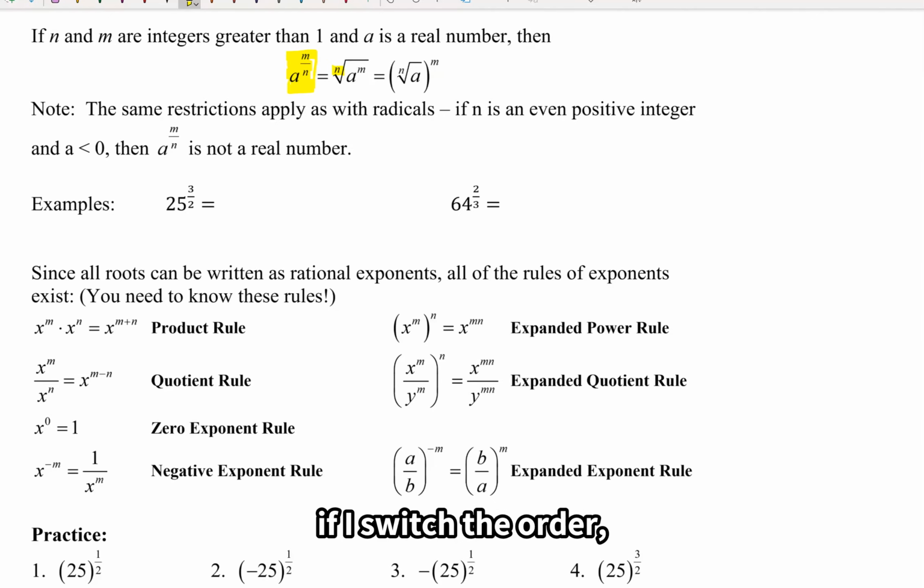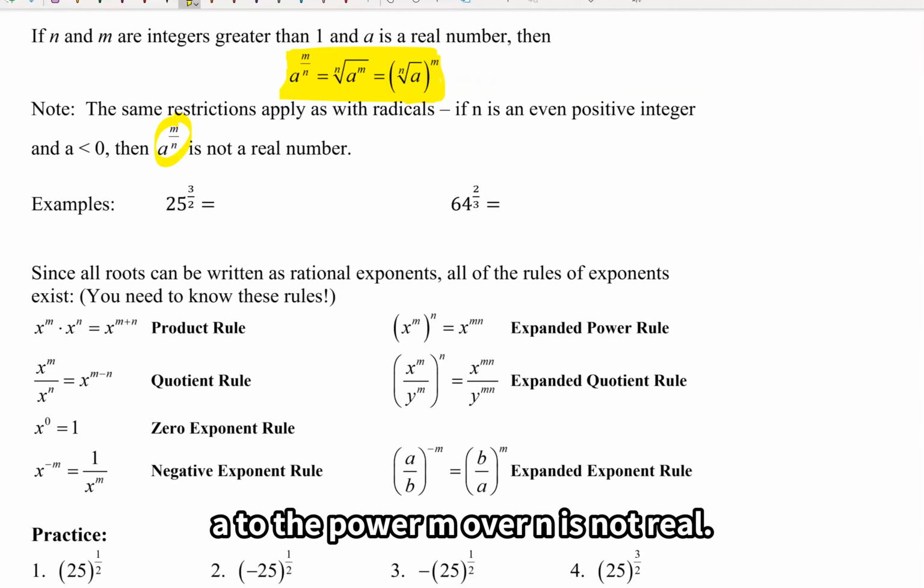All of these mean the same thing. And again, if n is an even positive integer and a is negative, we get that same situation that a to the power m over n is not real.